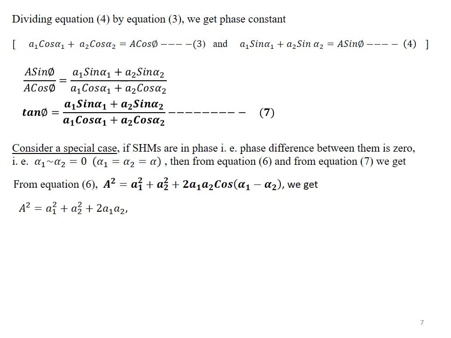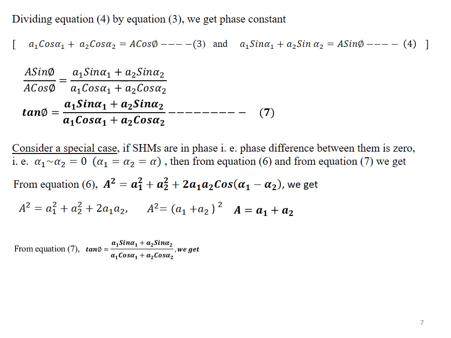We write A square is equal to a1 square plus a2 square plus twice a1 a2. That is A square is equal to (a1 plus a2) squared. That is A is equal to a1 plus a2.